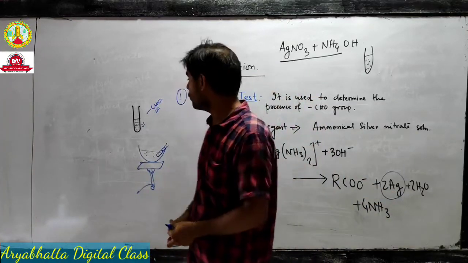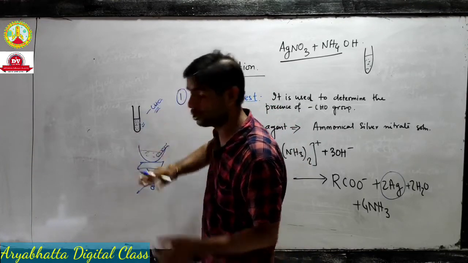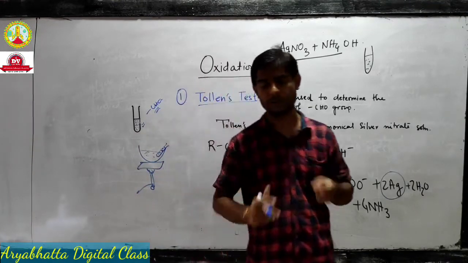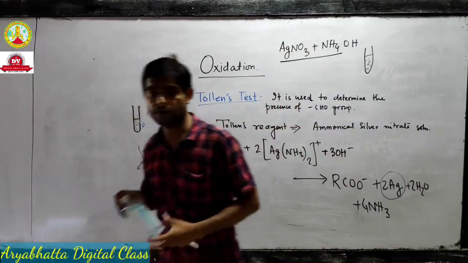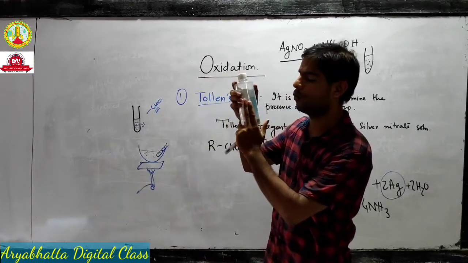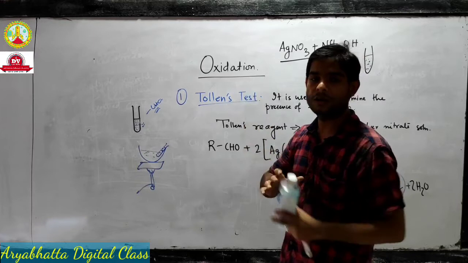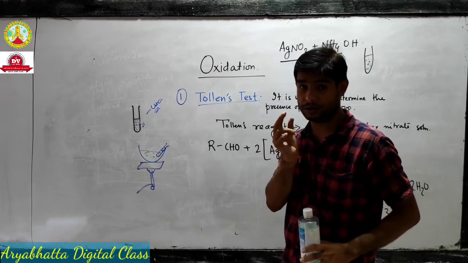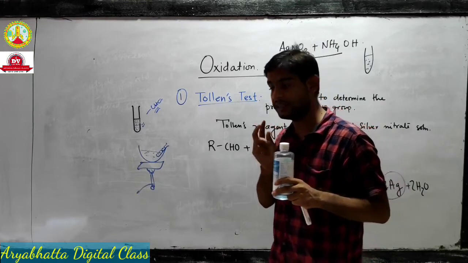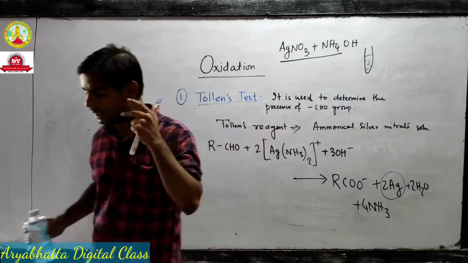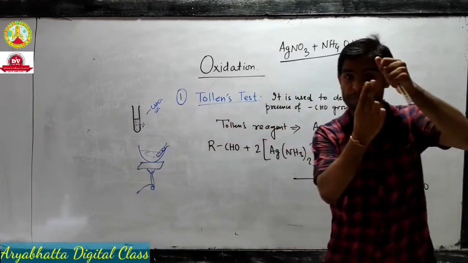The silver will start to deposit on the walls of the test tube, and after some time the wall of the test tube will become glazy like silver. It will feel like you have a mirror. It will form a mirror of the silver.